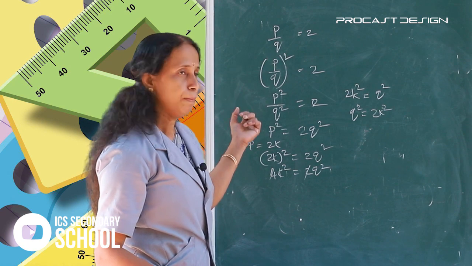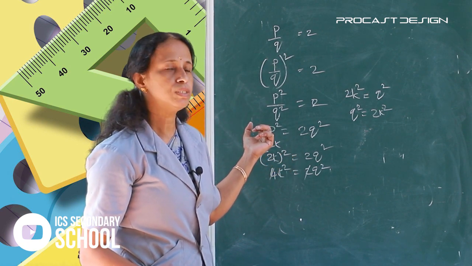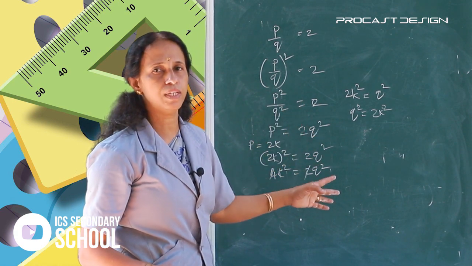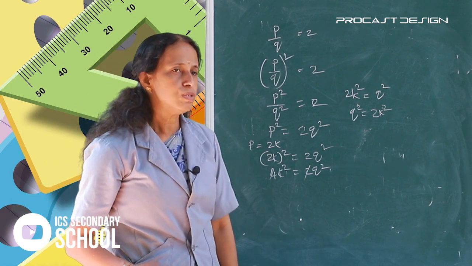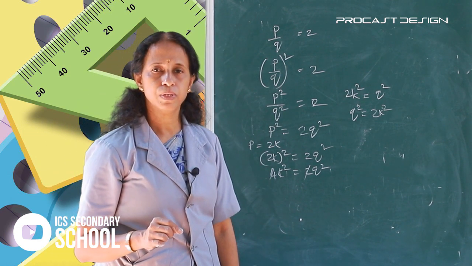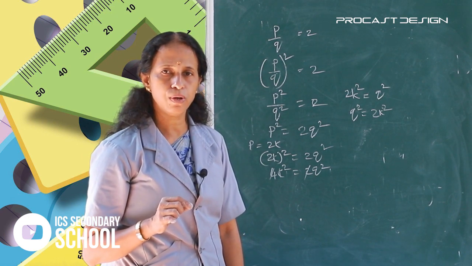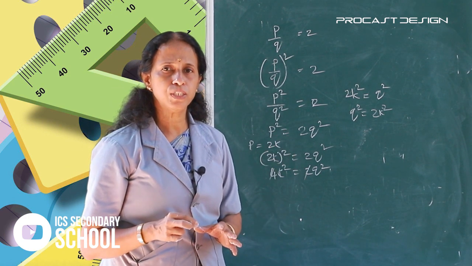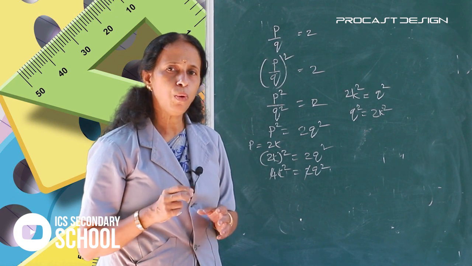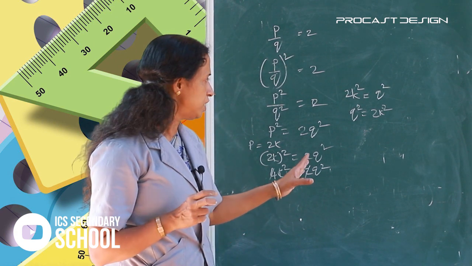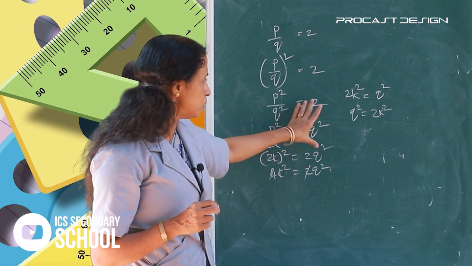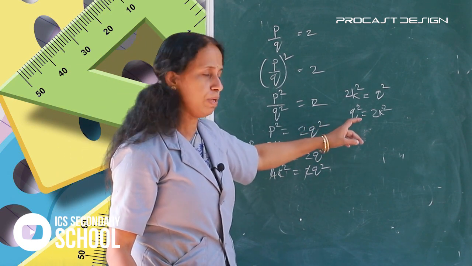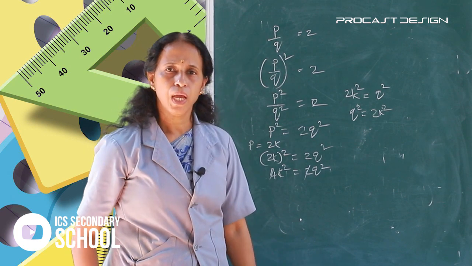Here, p is even and q is even. If the square of any fraction is 2, the numerator and denominator should both be even and odd, which is impossible.